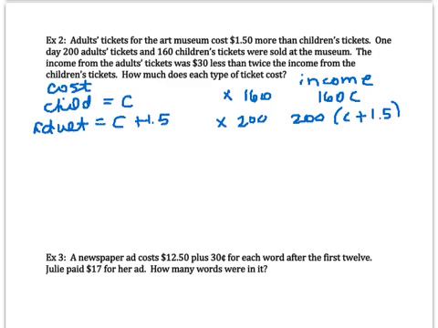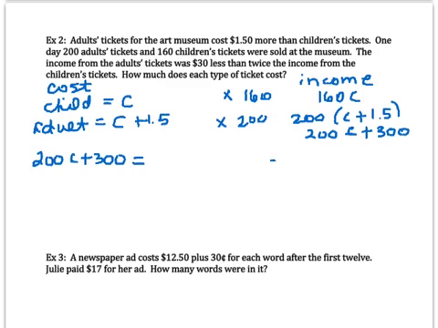And we can distribute that and get 200C plus 300 right there. Now, it says the income from the adults tickets. So total income from adult tickets. So we have 200C plus 300 is total income from adult tickets is an equal sign, $30 less than twice the income from the children's tickets.